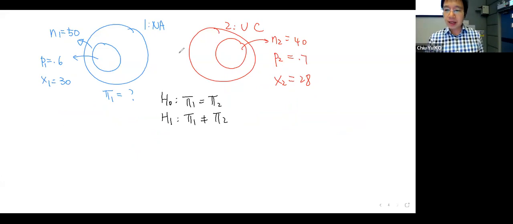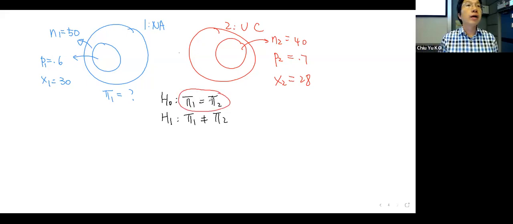And remember the formula. First thing: under the null being true, it means there's no difference between the two colleges, right? Suppose the overall proportion is pi, and we want to guess it by P hat. How many women are there in total?